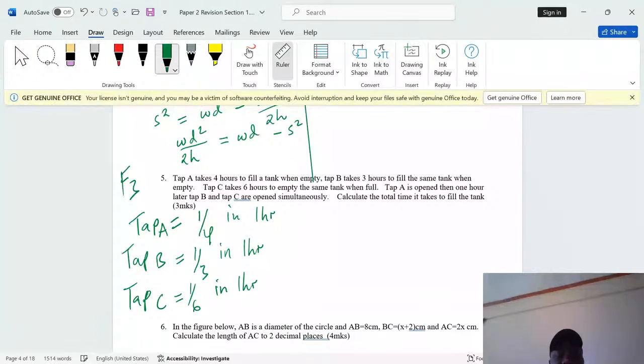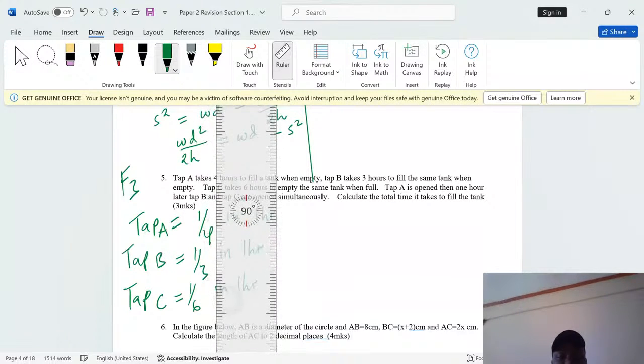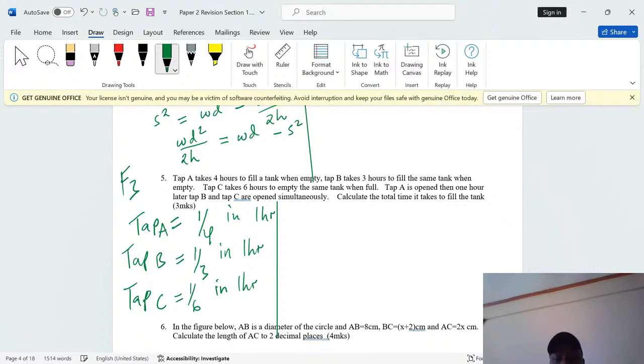With this analysis, those are the rates at which the individual taps are operating. We are first of all going to have tap A opened according to the instructions, then 1 hour later the other taps get opened. That means when tap A was operating alone, it filled a quarter of the tank.